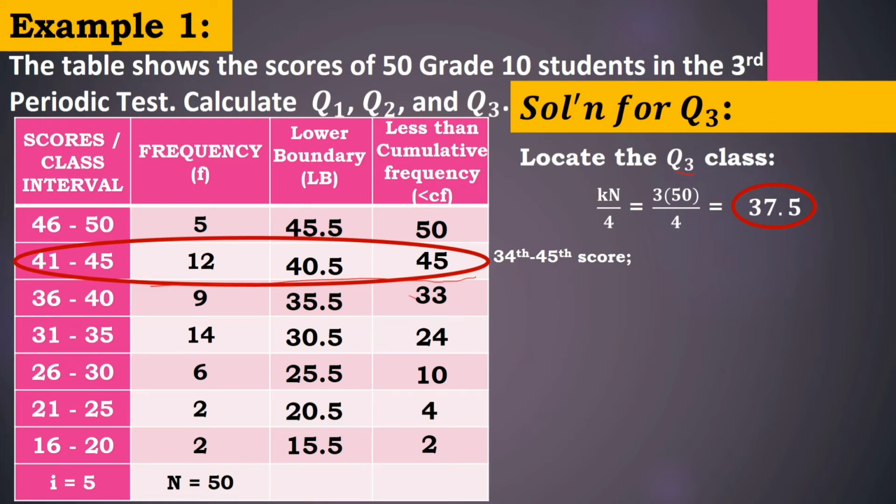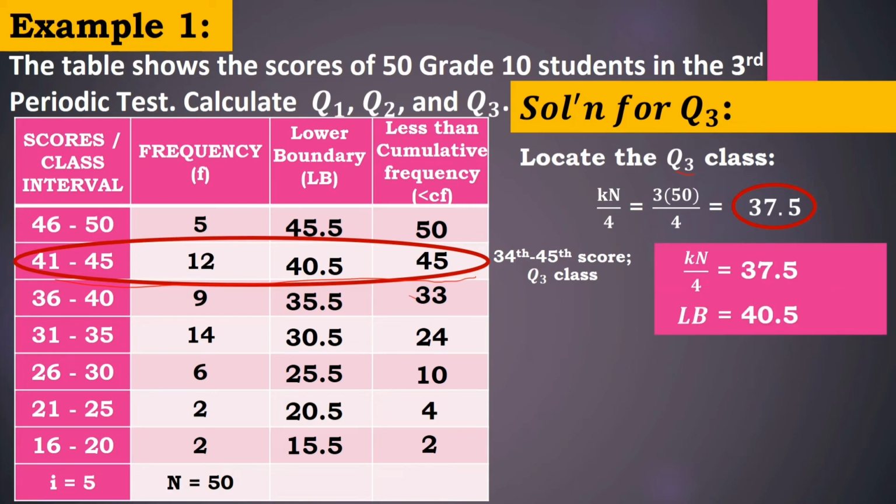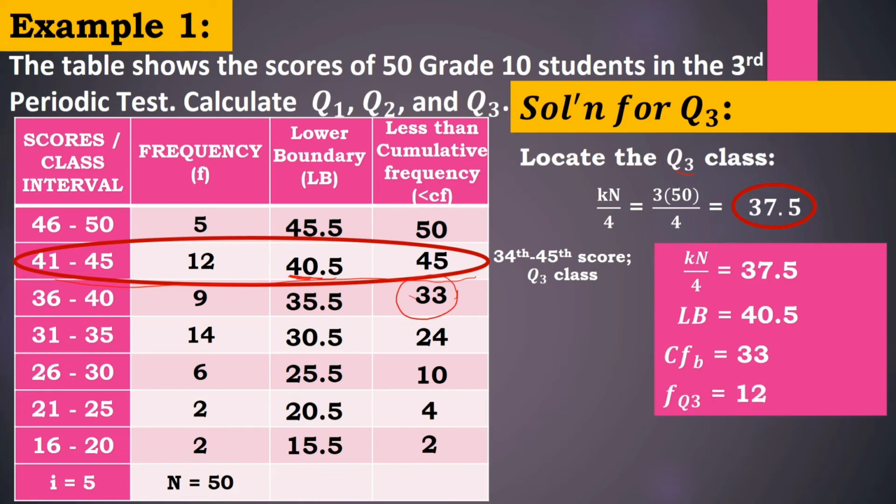Okay? So, andito. Then, let's identify the values. Kn over 4 is 37.5. Lower boundary is 40.5. CF sub B is 33. Frequency of Q sub 3 class is 12, and the class size is 5.